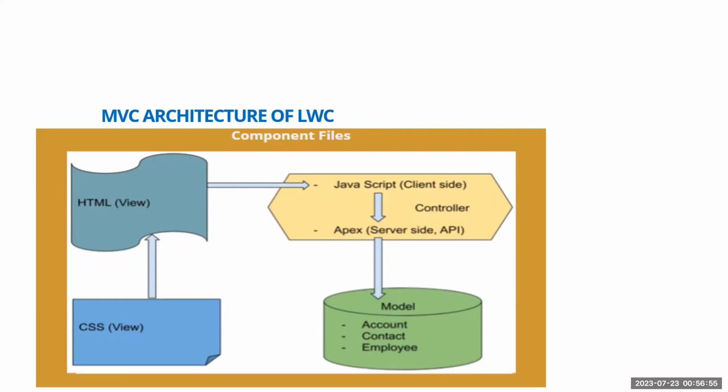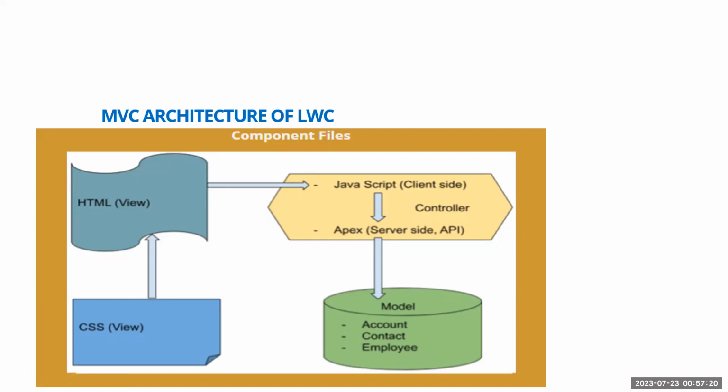So first it will execute your CSS. Whatever CSS you have applied will be executed. After that, the HTML view. When the HTML view is showing, after that it will call your JavaScript. JavaScript is basically client side. Whatever JavaScript we are using is all on the client side.